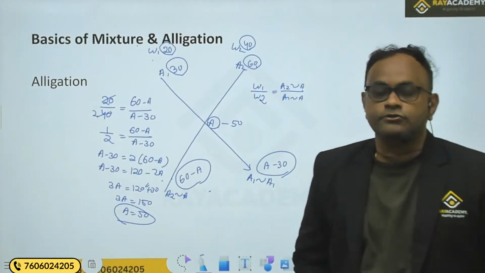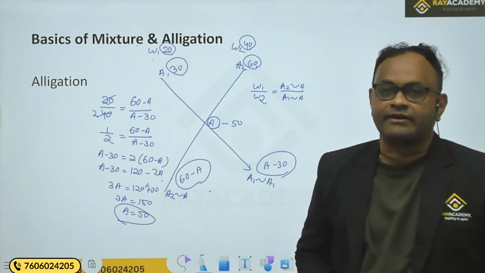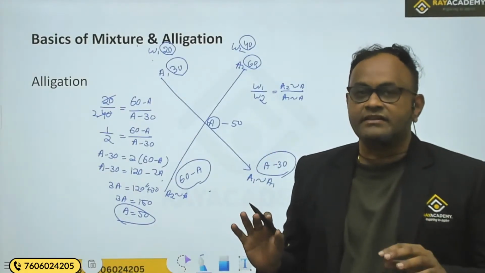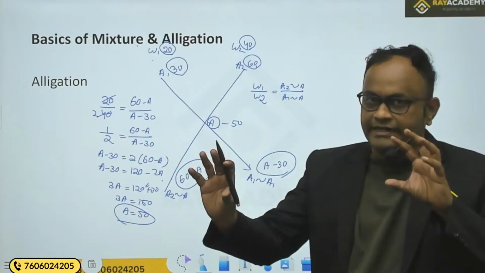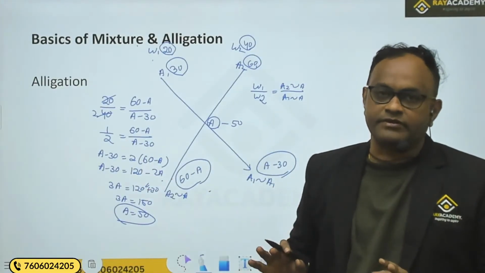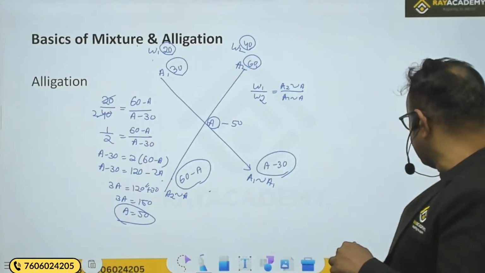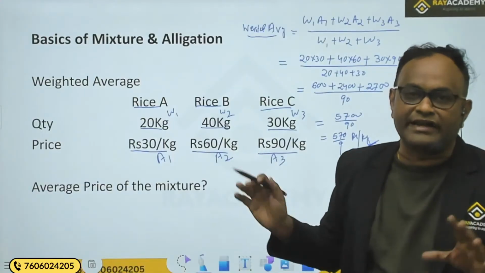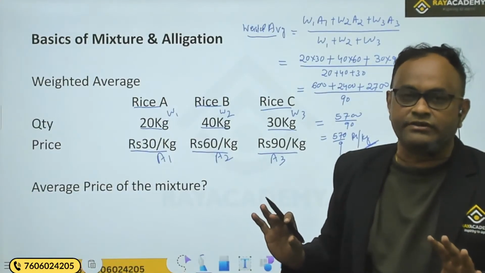Now when to use alligation and when to use weighted average. First, in the weighted average scenarios we have seen, you go to a place, add a coach, then you get a third one. There you are doing weighted average. Also in the second part, you are mixing three things and getting another one, so there also you use weighted average.